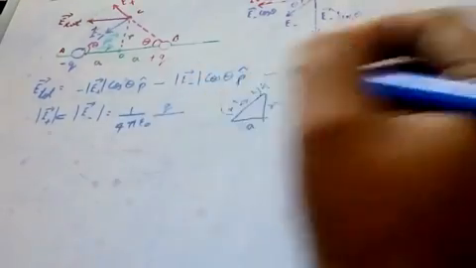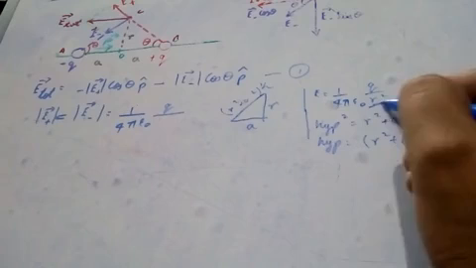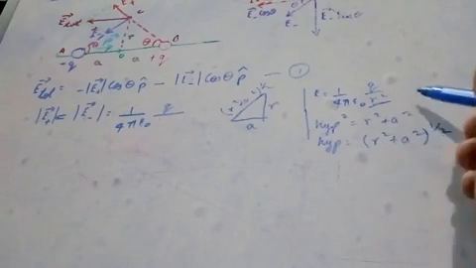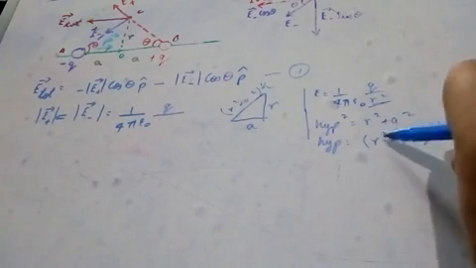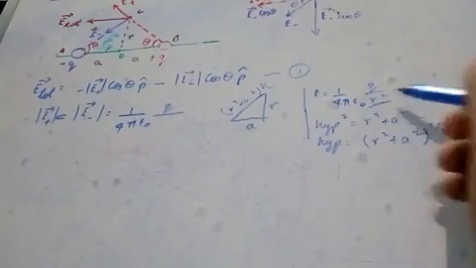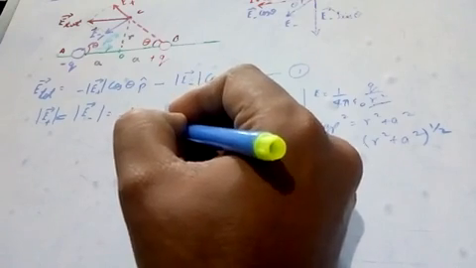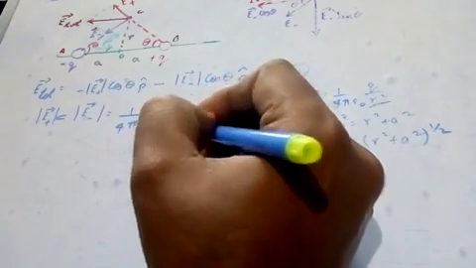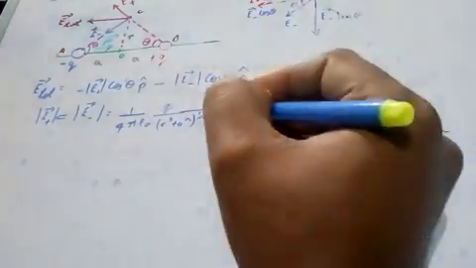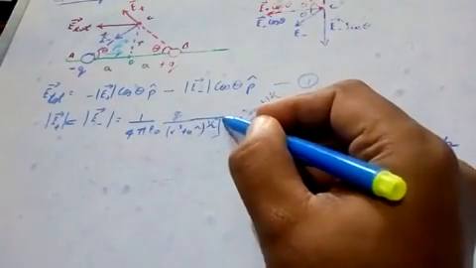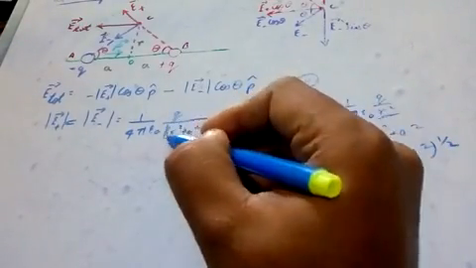Remember, in this formula we have this r square, so this is different from this one. That will be r square plus a square power half, and in the formula there's a square also. That square term I'll write outside.